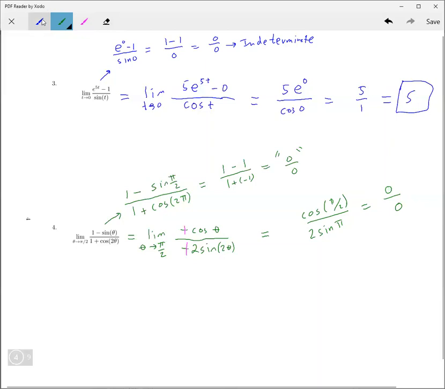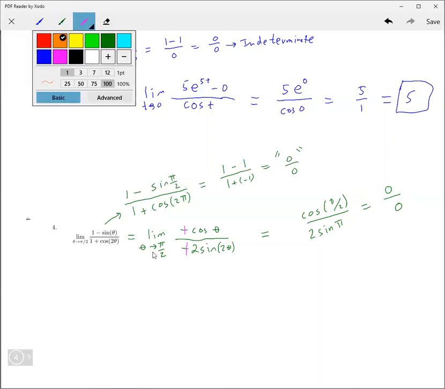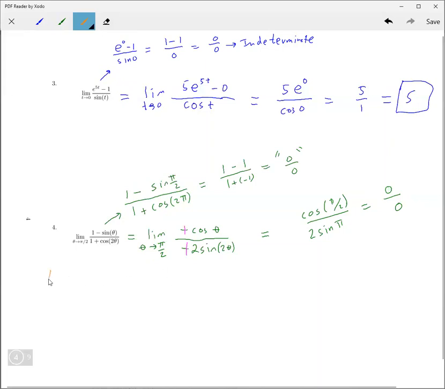In that case, you apply L'Hopital's rule again, so we'll apply it right here.